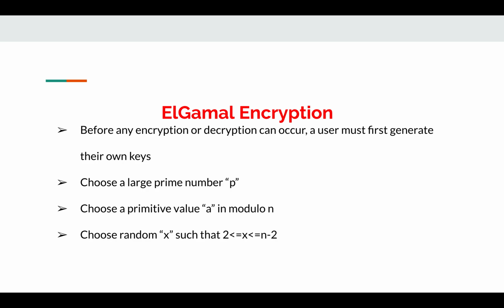Then they have to choose a random x such that x is greater than or equal to 2, or less than or equal to p minus 2.